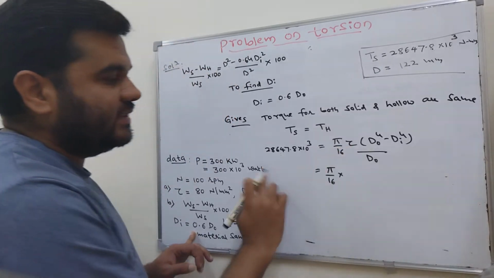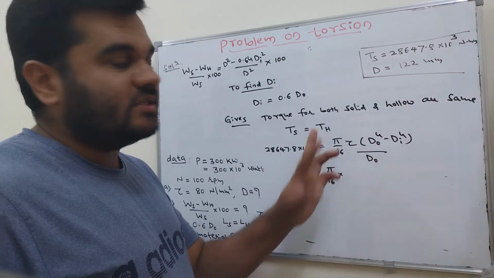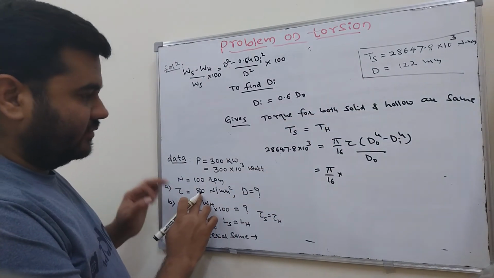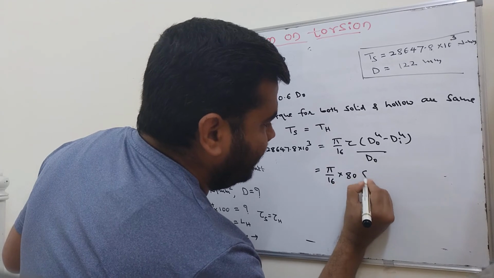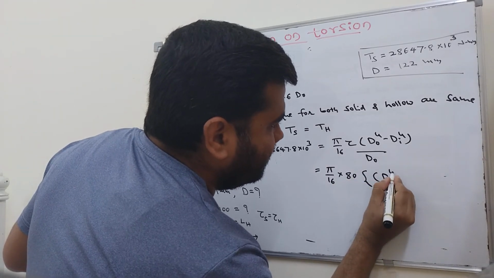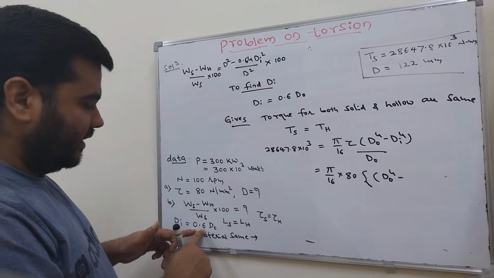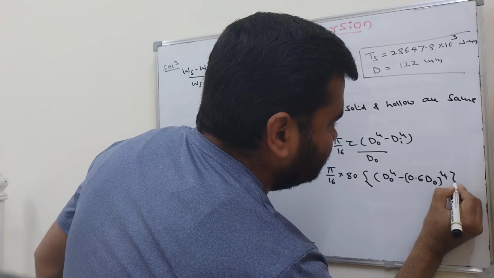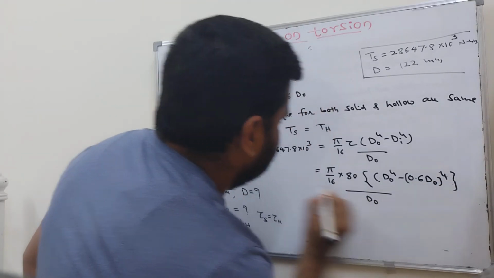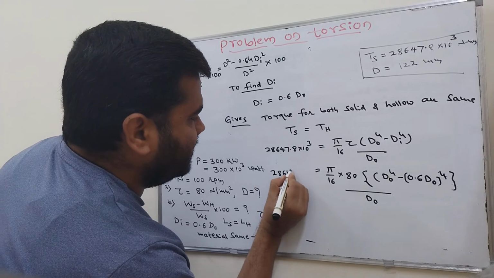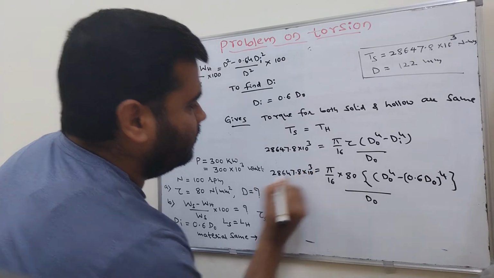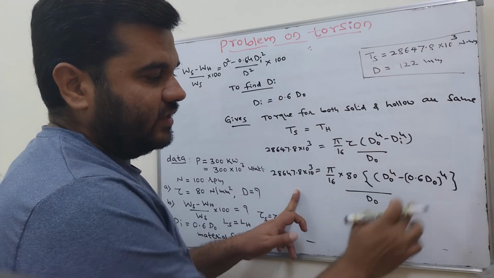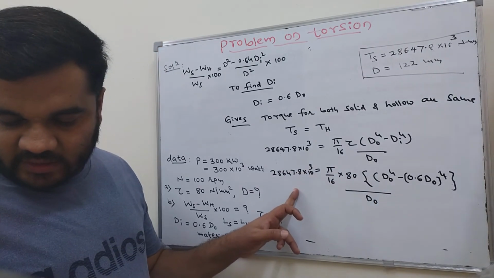What is the tau value? He said that the maximum shear stresses for both materials will be same, so the shear stress here is 80. So d naught raised to 4 minus 0.6 d naught raised to 4, divided by d naught. This equation contains only one unknown, d naught. Simplify it and calculate d naught.